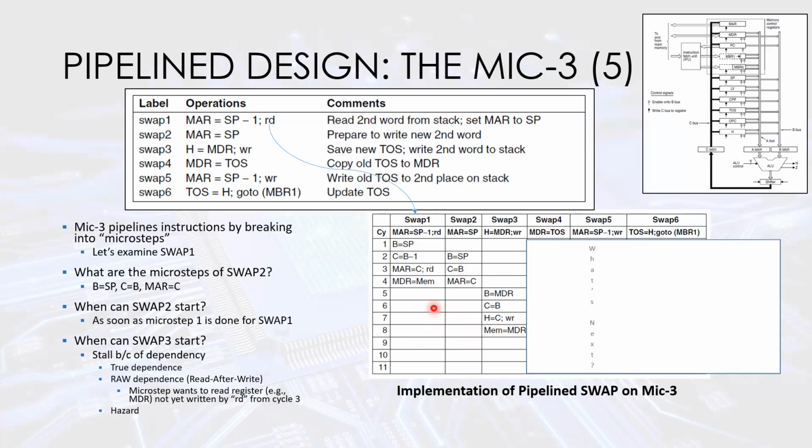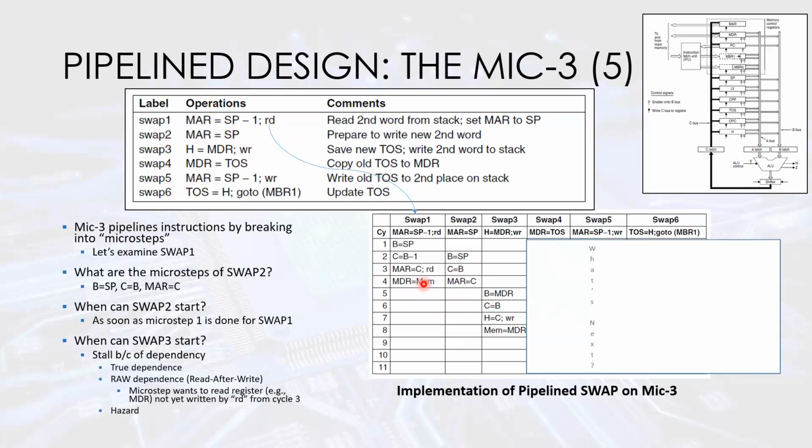Okay, so if you look at this swap 3, it's taking MDR, which is the result of what? It's the result of the read from here. We did the read here, and the result of that, remember, comes back at the end of cycle 4.